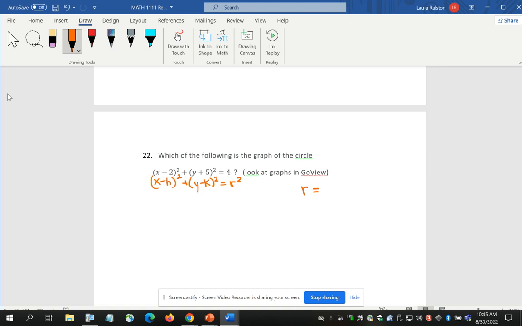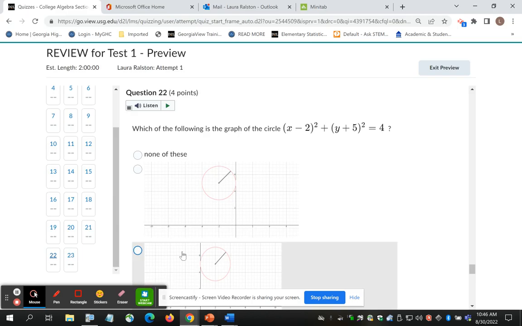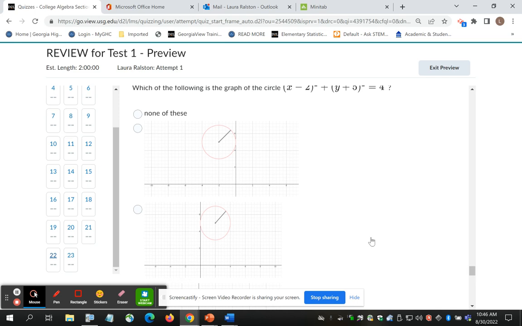So my radius would be 2 and my center, which corresponds to h and k, would be 2, -5. So that helps me when I go over to GoView to look at these graphs. I know that I need to find my center point, which is at +2, -5.